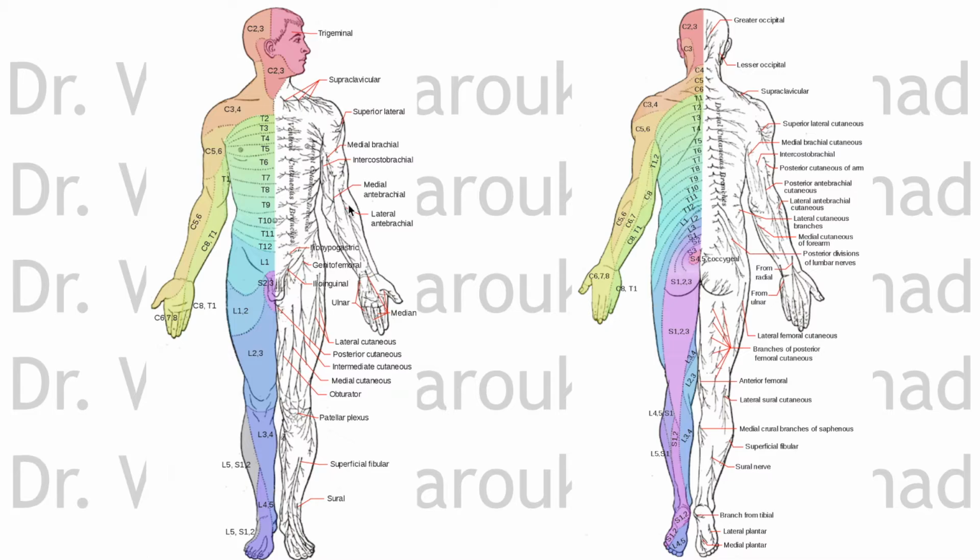This is a skin map of the different spinal cord segments. You should be knowing this map to help you determine the level of the injury in the spinal cord, as you can see here.